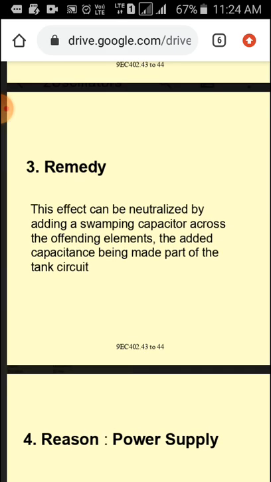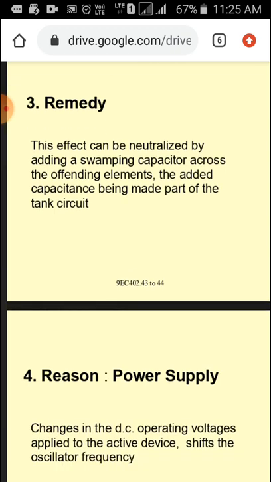Third remedy: this effect can be neutralized by adding a swamping capacitor across the offending elements, the added capacitance being made part of the tank circuit.